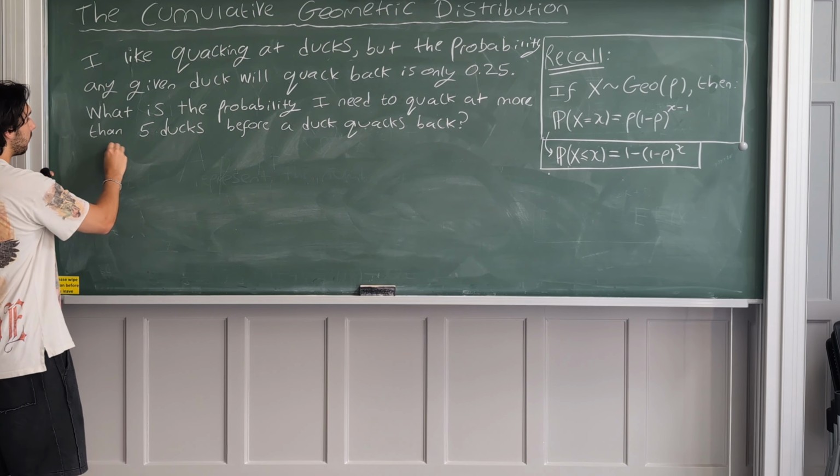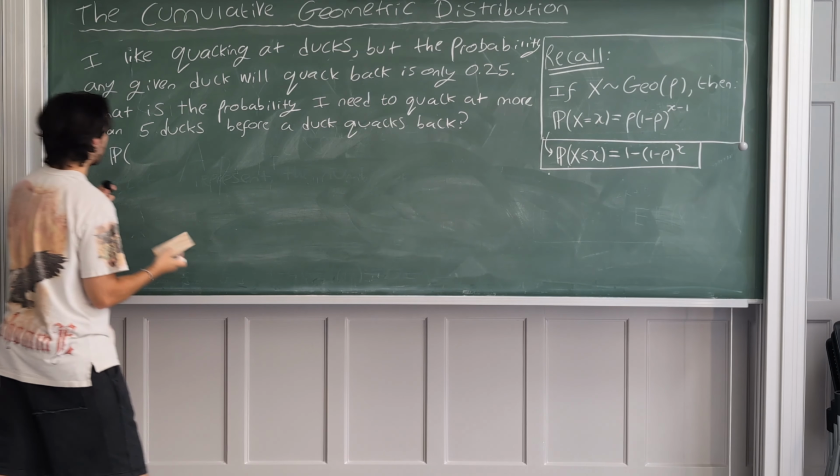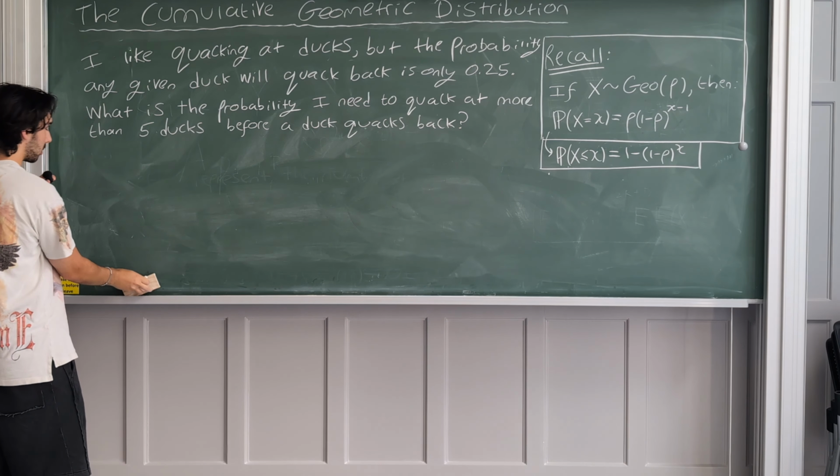So I'm looking at the probability that my random variable, and I should define the random variable as well, actually, just to make it nice and rigorous, just like last time.